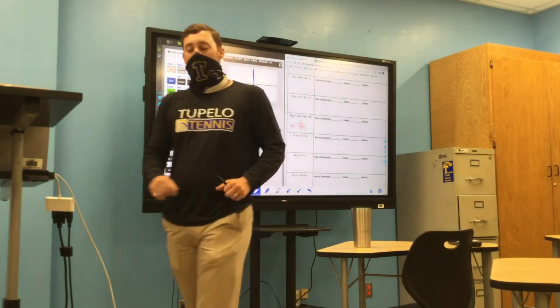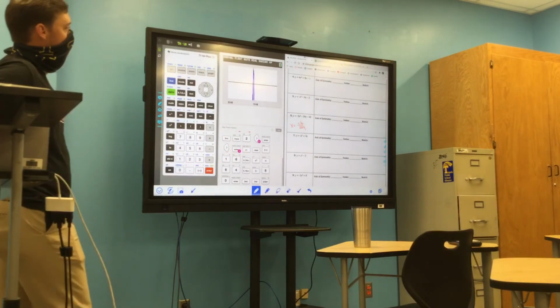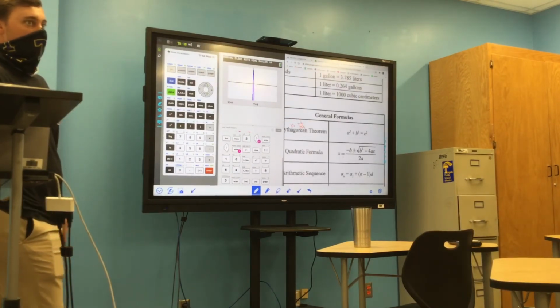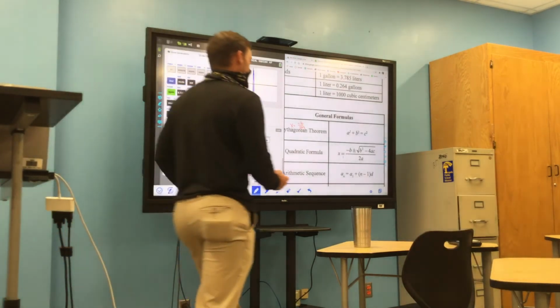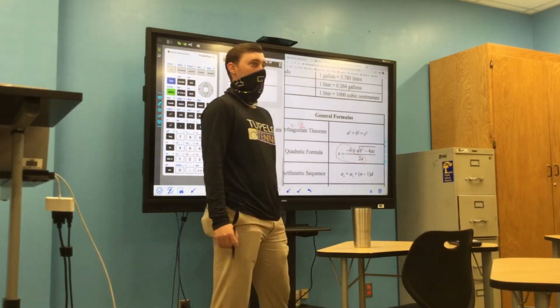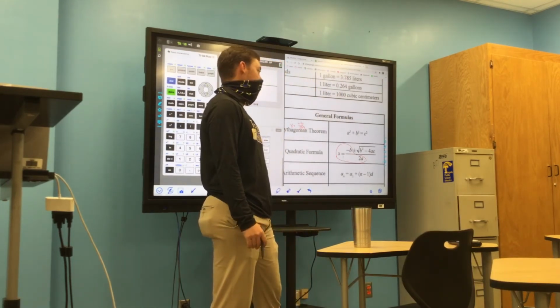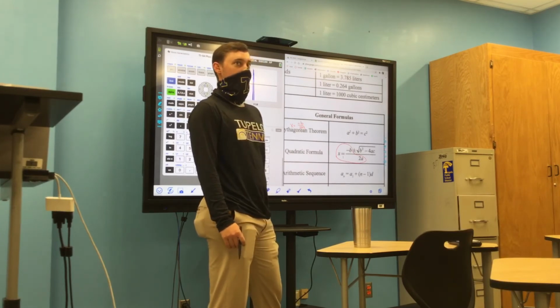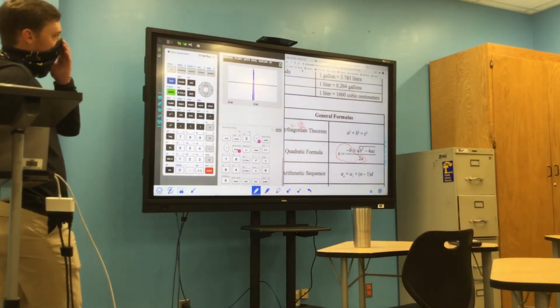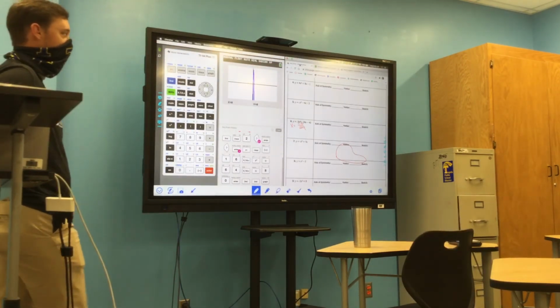Think about it this way: your quadratic formula is very similar to your axis of symmetry formula, because this part right here is your axis of symmetry formula, right? X is equal to the opposite of b over 2a. That's where that comes from. So you can use your axis of symmetry formula to find the vertex, also your axis of symmetry.